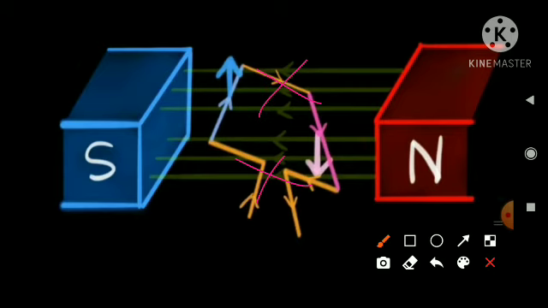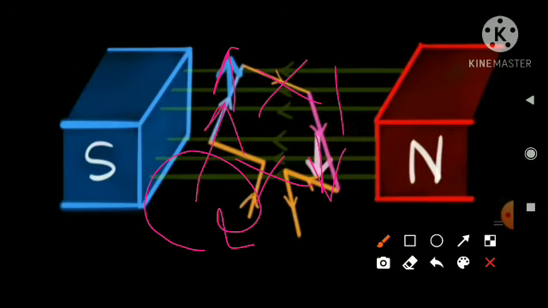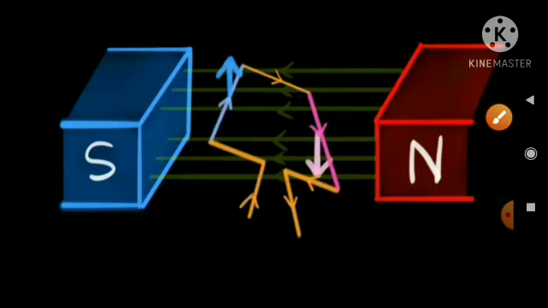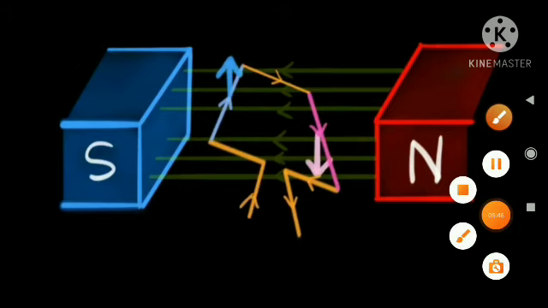The force on this is upward and the force on this is downward, but we want to rotate this rectangular loop in a circle, and it can't. To be circular, we need to reverse the direction of force on this and this. How can we do it? Let's come with me.